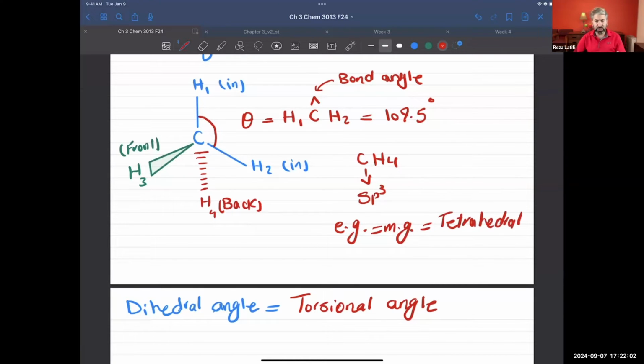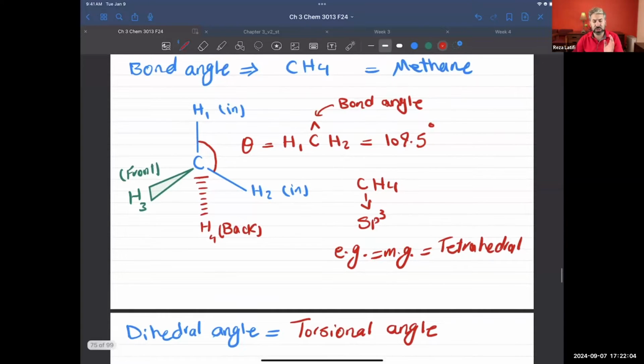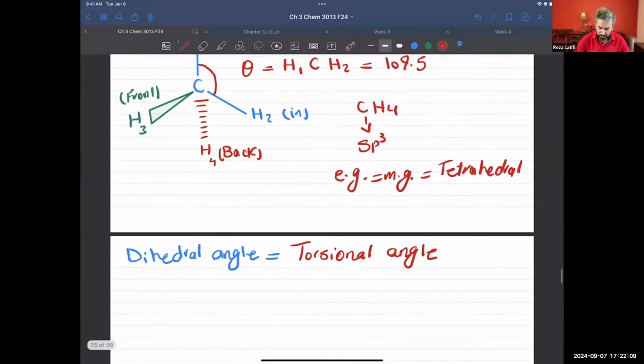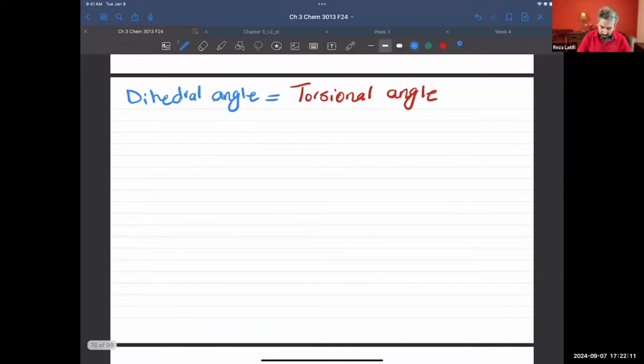Okay. So now that we know the bond angle, let's define the dihedral angle or torsional angle. And what's that? Let's assume you have an oxygen, and that oxygen is attached to another oxygen. And I have a hydrogen atom on it, and there is another hydrogen atom here.